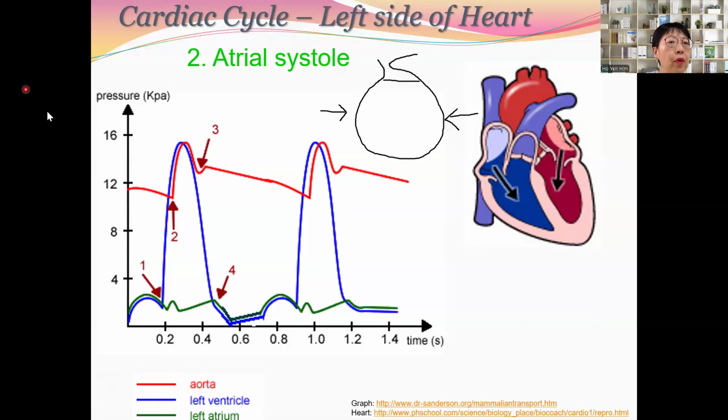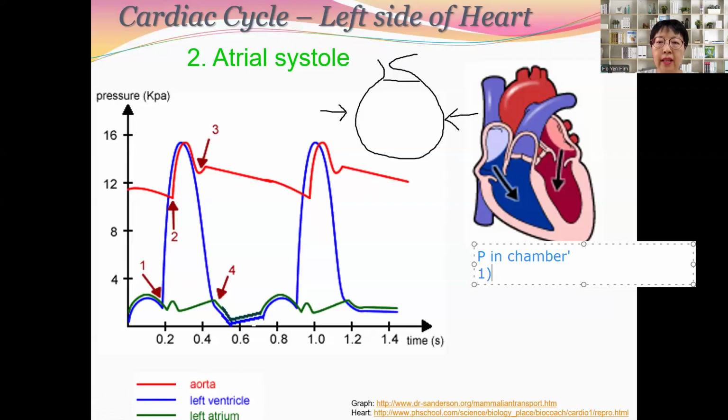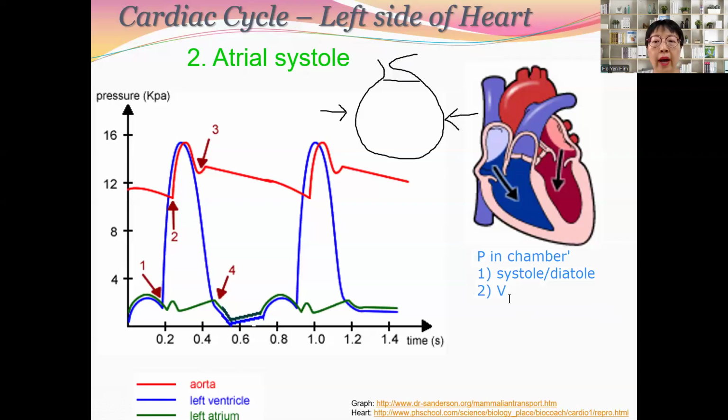Now, pressure in the heart chamber is governed by what? Two things. Number one is governed by systole or diastole. So now the atrium is experiencing systole. Okay. What else governs the pressure? Blood volume, right?